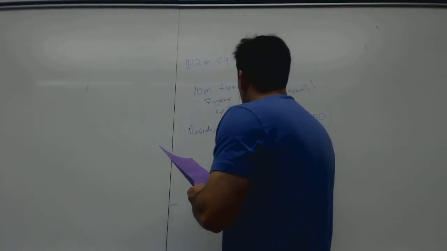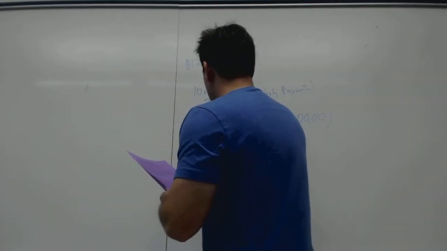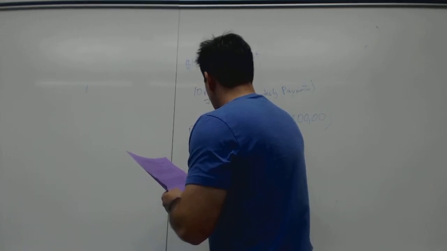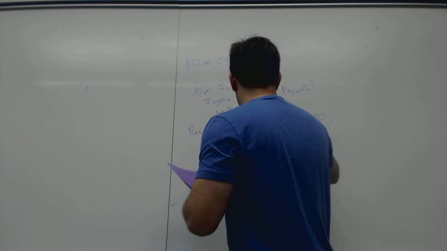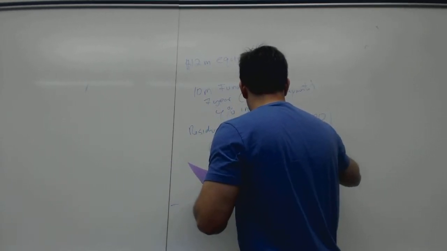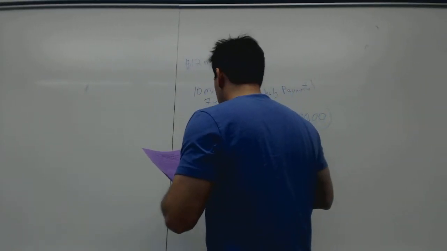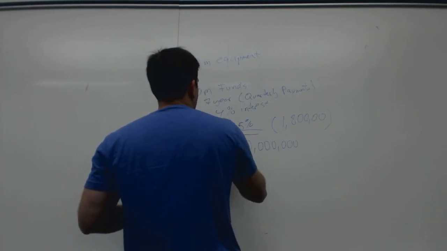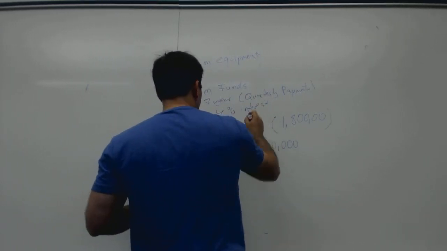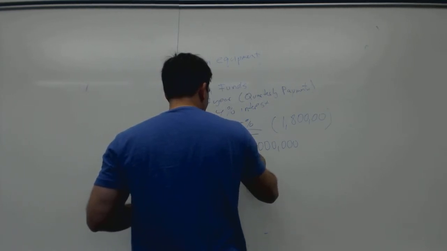Okay, so how do we get the payment? Well, we say present value is going to be equal to minus $10 million. Correct? Then we know that the period is going to be 7 times 4, because we're paying 4 times a year.